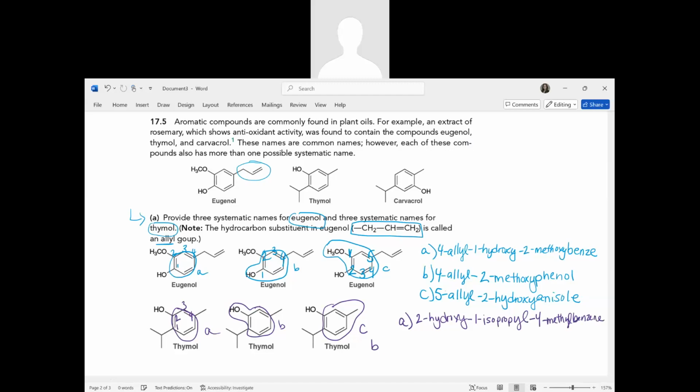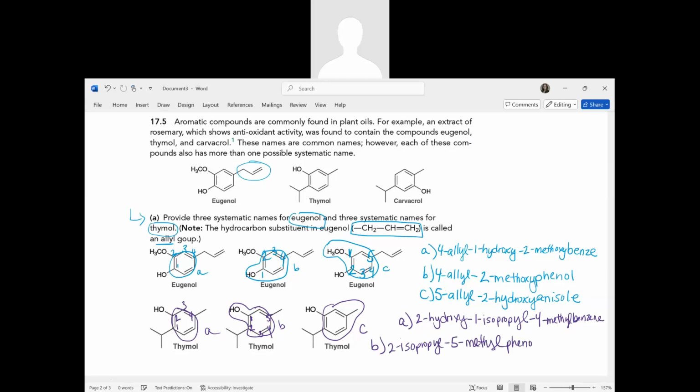For structure B, we have our phenol parent. So this would be carbon 1 here, our hydroxy group now, and then 2, 3, 4, 5. So we could name this as 2-isopropyl-5-methylphenol.